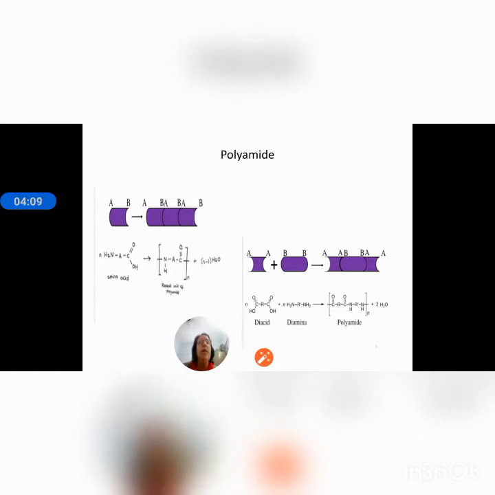In polyamide formation, the first example is when amino acid and repetitive units of amino acid convert with evolution of n-1 water molecules. Second example is diacid plus diamine combined and converted into polyamide. Two water molecules are evolved.